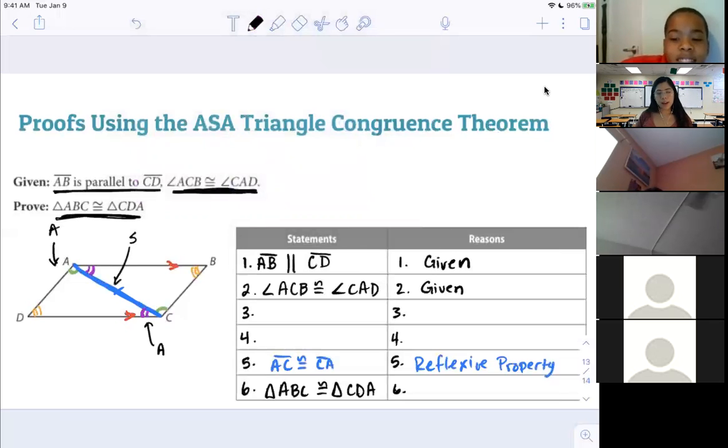Is there a way that I can state that the two purples are congruent? Tyrone says yes. How can I state that? What theorem or definition or anything can I use to say that the two purple angles are congruent to each other?